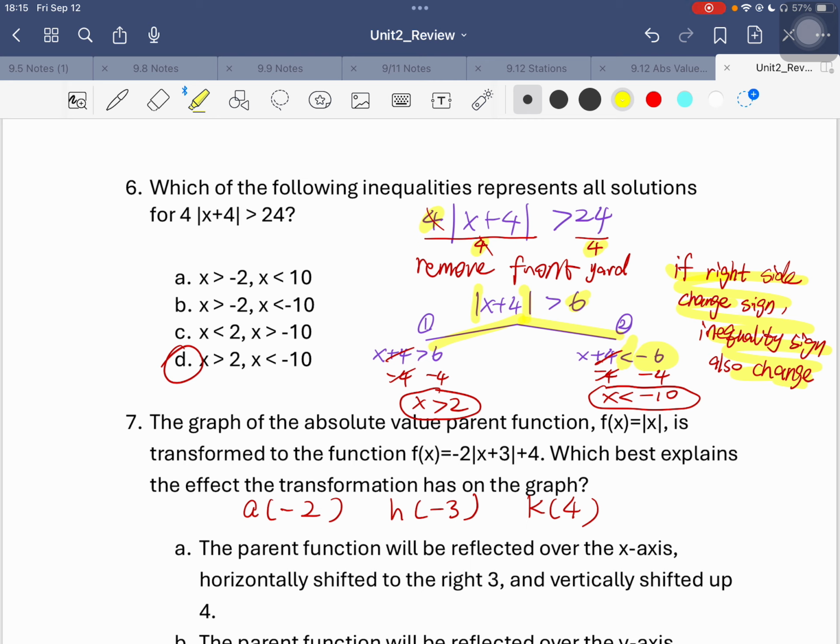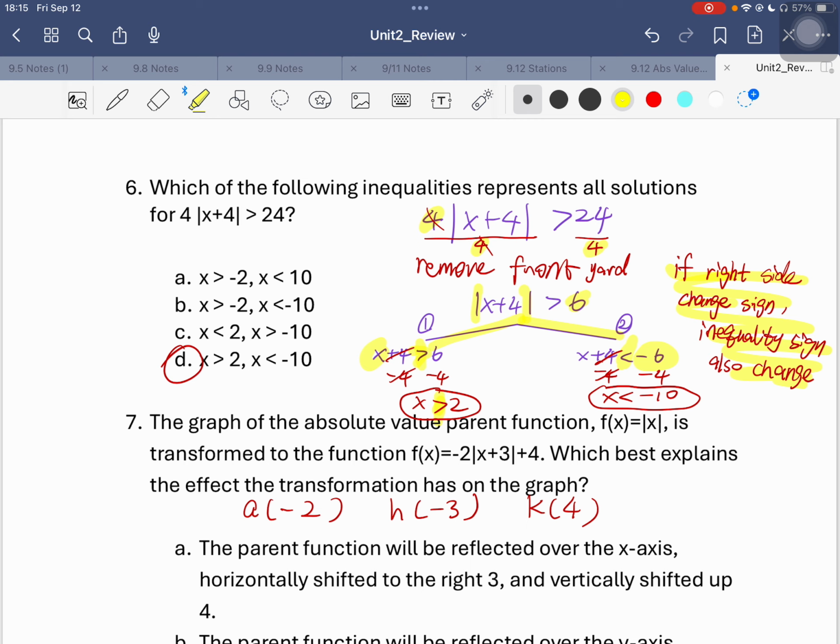Now we have x plus 4 greater than 6, and we minus 4 to leave x alone on both sides. So x greater than 2. If you have greater than here, just bring it down. Don't change anything. And now on the second case, we have x plus 4 less than -6.